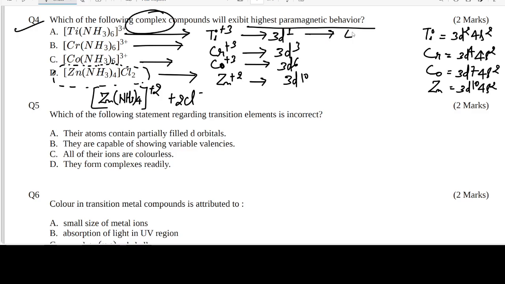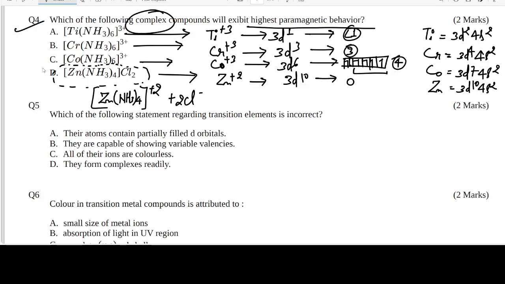Here we have three unpaired electrons, and for 3d6, let's see: 1, 2, 3, 4, 5, and then 6. So how many? 4 unpaired electrons. And here we have 0 unpaired electrons.